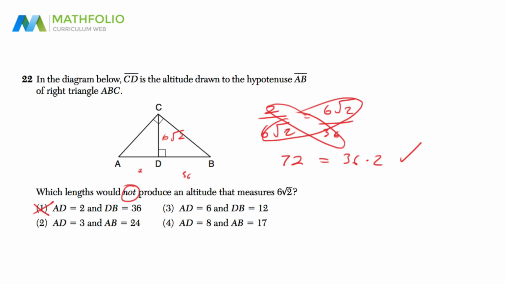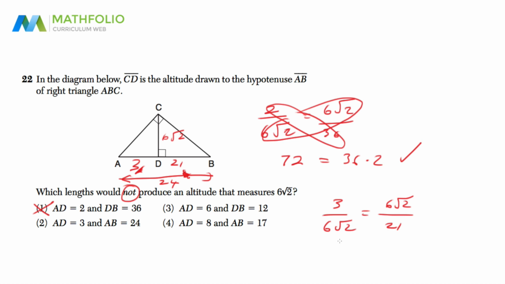If AD was 3 and AB, so that's here to here, A to B, is 24. Well, if that first bit was 3, then this would have to be 21. So now the math becomes 3 compares with 6 rad 2 as 6 rad 2 compares with 21.